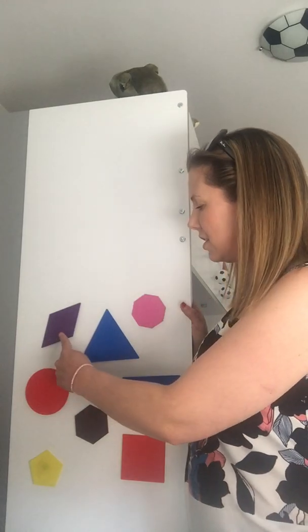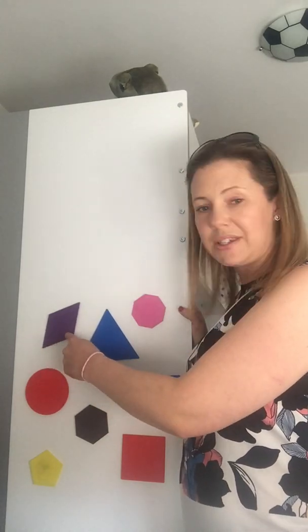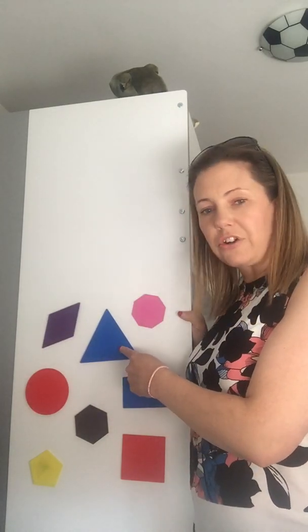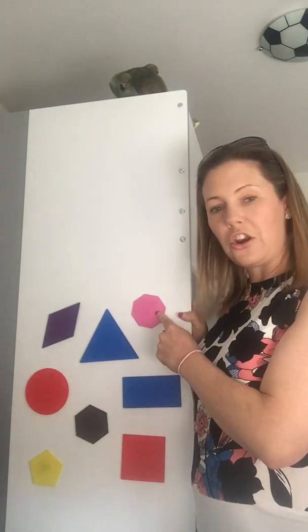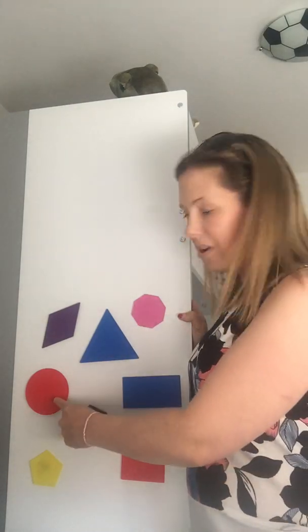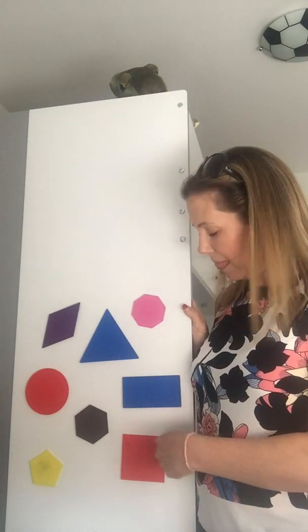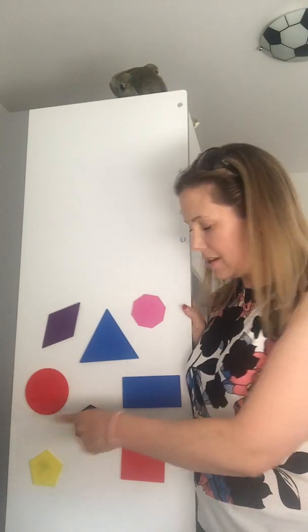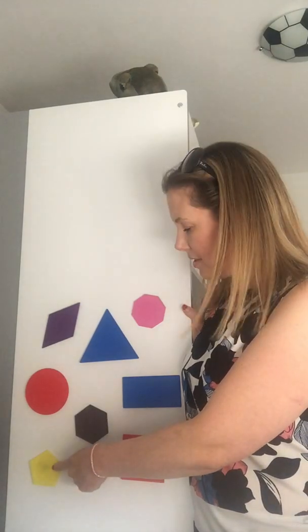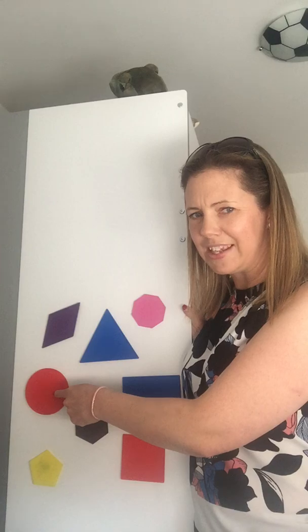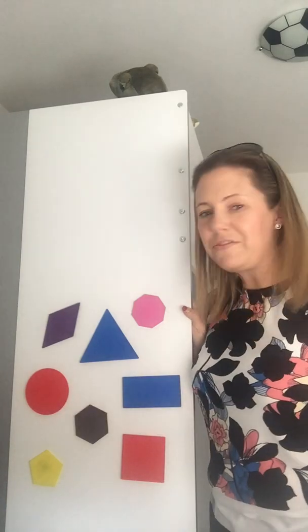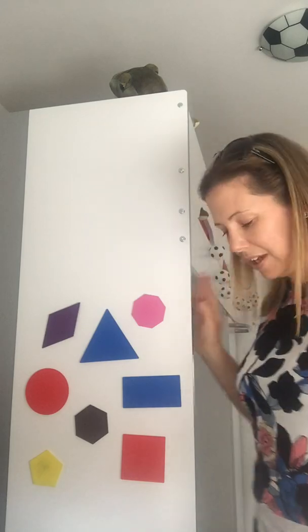Okay, so we've got a rhombus, a triangle, an octagon, a circle, rectangle, square, hexagon, pentagon, and a circle. I can't remember if I said that one already. So they're all of the shapes that we're going to have a little talk about this afternoon.